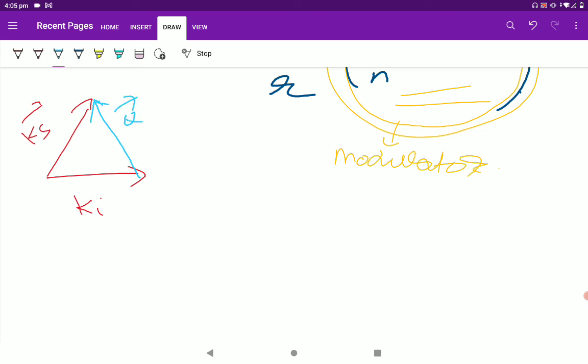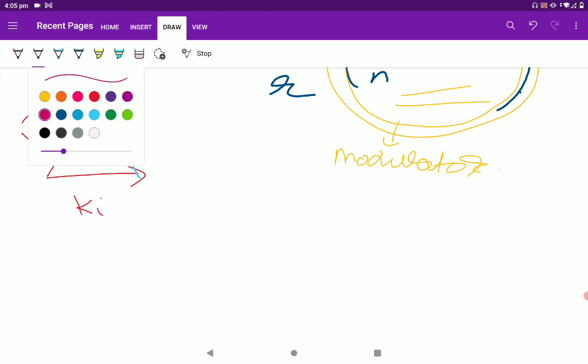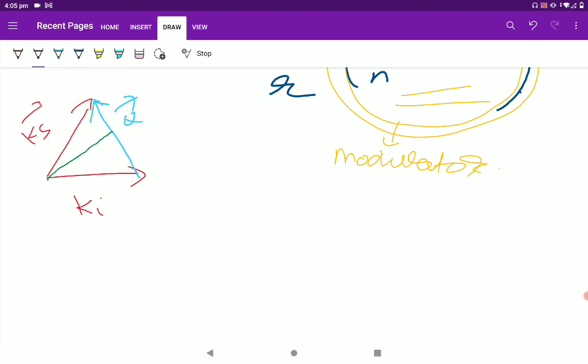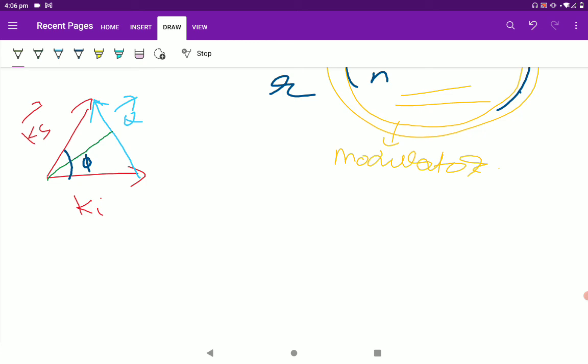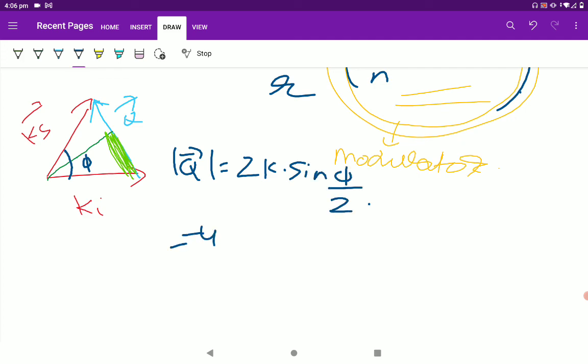Now if we draw a perpendicular to the q vector in this fashion, this is phi. Here q is 2 times this green shaded portion. So we can write the modulus of q as 2k sine phi by 2, that is 4 pi by lambda sine phi by 2.